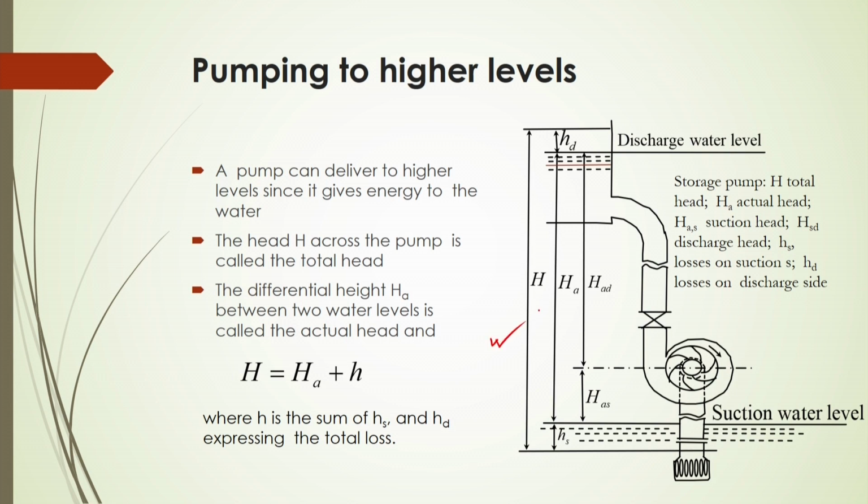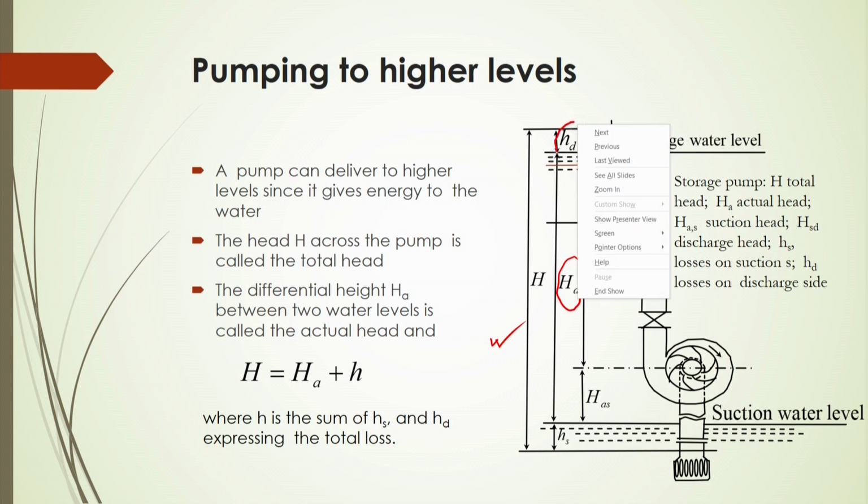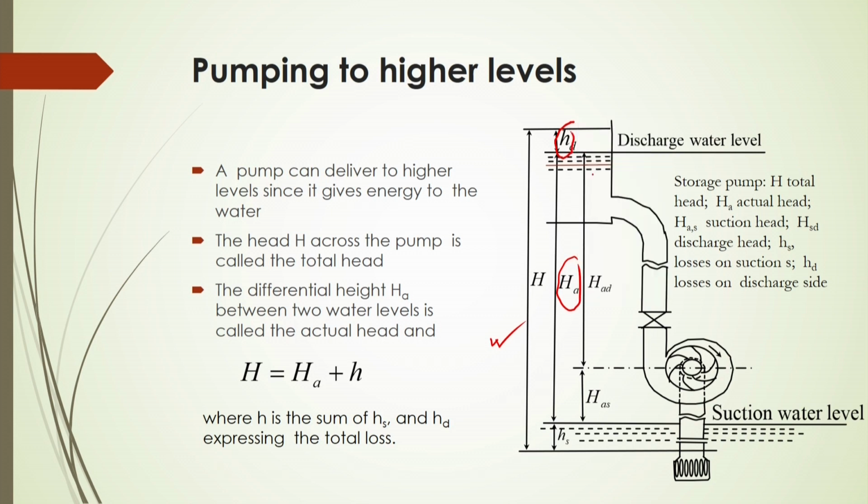The differential height H_A, the height between two water levels, is called the actual head, and H will be equal to the total height, H_A plus h. This is your H and this is your actual height of the water level.